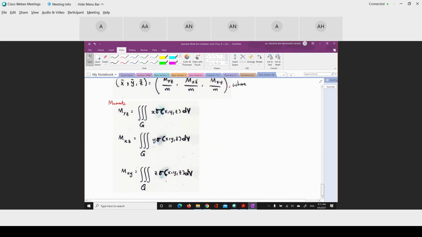It seems that we have three triple integrals to evaluate here, isn't it? But actually, two of them are zero. One is non-zero.